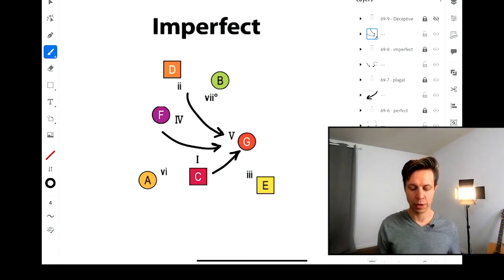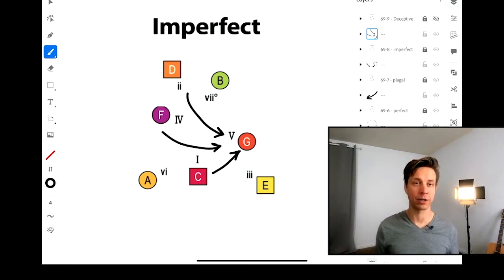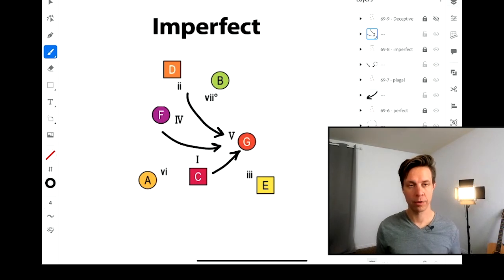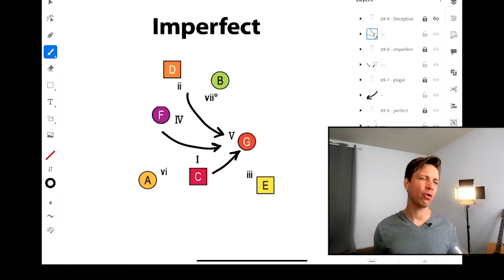So the target chord here in this case is going to be G. We can get there from C to G, or we could get there from F to G, or we could get there from D minor to G. So from 1 to 5, from 4 to 5, or from 2 to 5, and that 5 ultimately wants to resolve to 1.